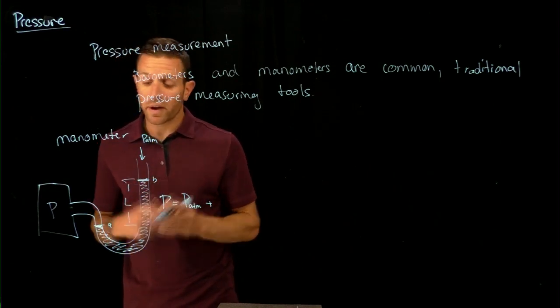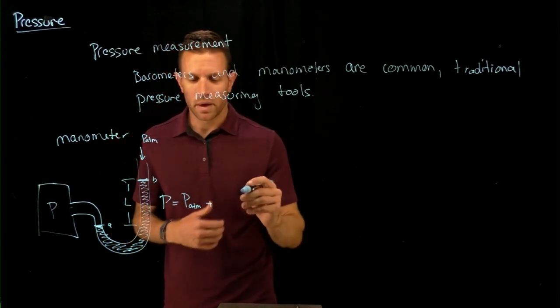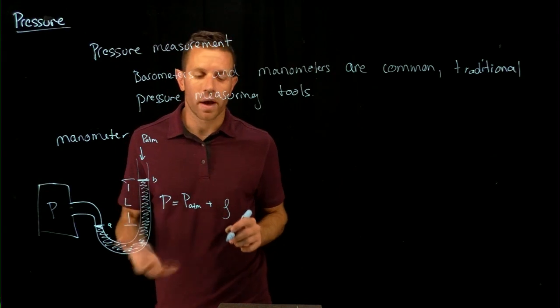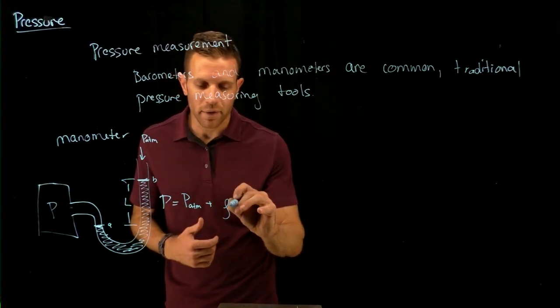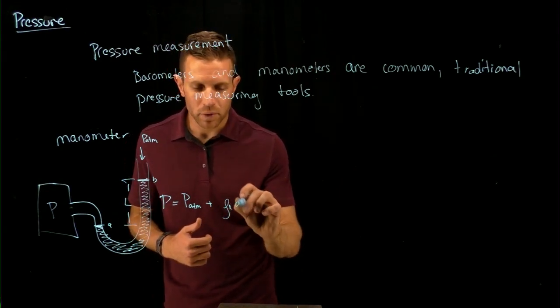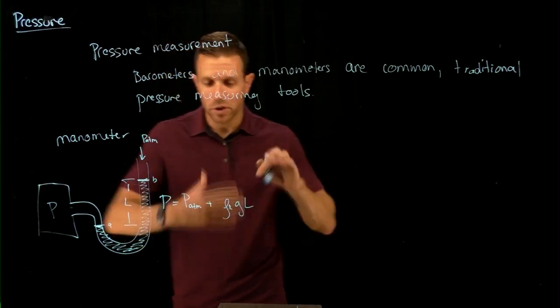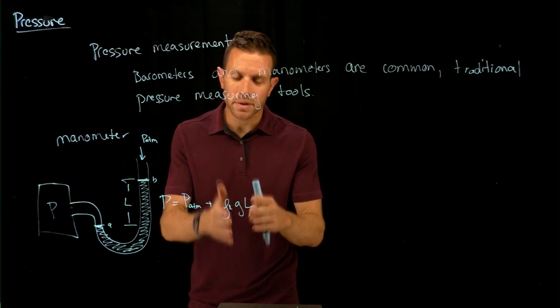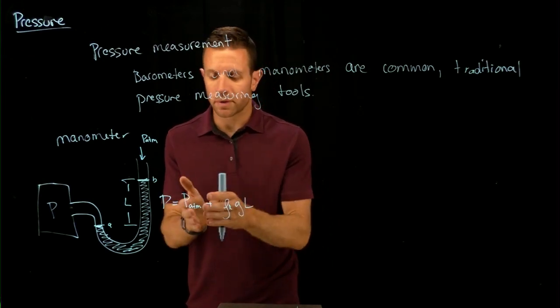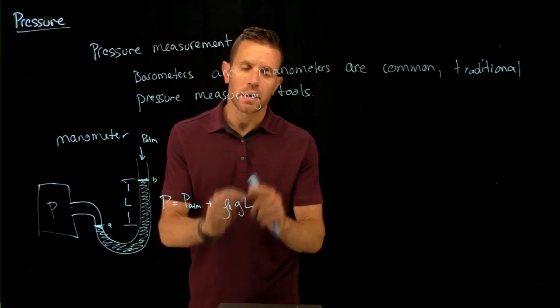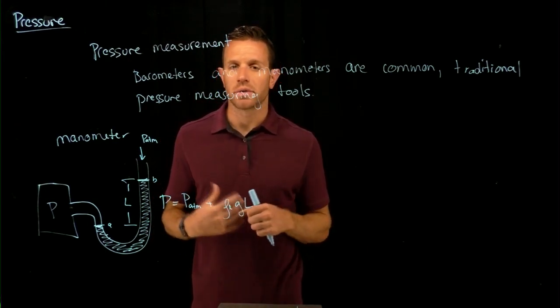If I can measure this length L, then the static pressure associated with this fluid rise L is going to be the density of the liquid times gravity times L. If you do a dimensional analysis on these terms, you'll see, of course, pressure has units of pressure, and density times gravity times length also has units of pressure.